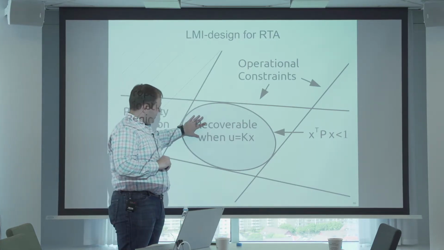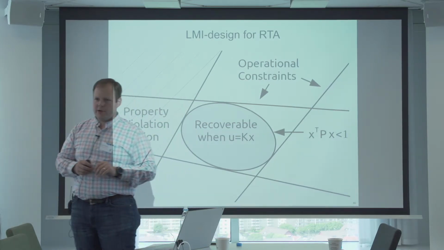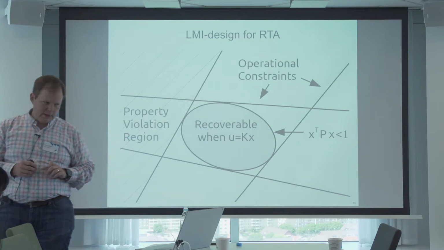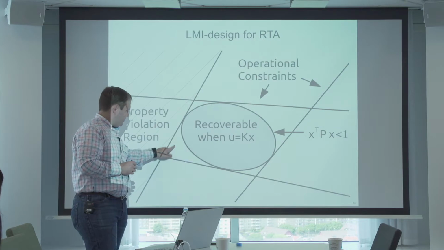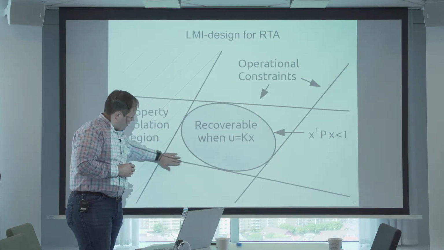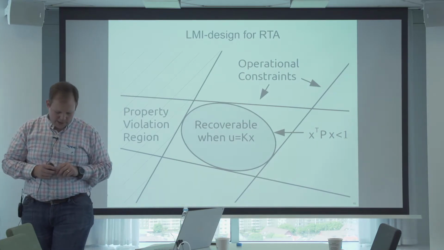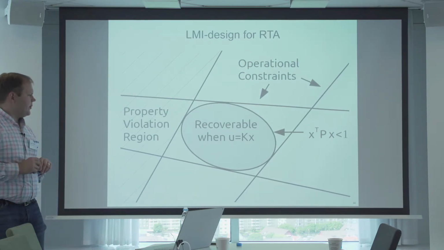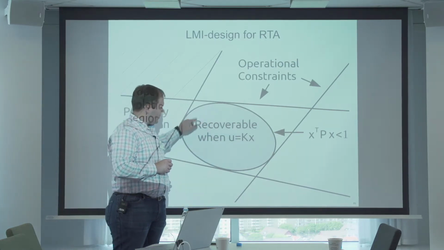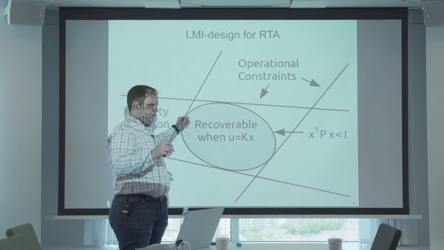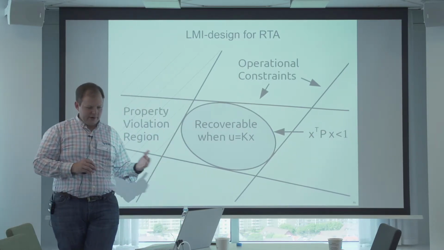And when you try to fit an ellipsoid into a box, especially in high dimensions, the volume you will not be able to cover, the difference between these points and the points in the ellipsoid, is going to get bigger and bigger. So essentially what this picture is saying is that anywhere within this ellipsoid, we can use the complex controller. And anywhere outside of it, we don't know. It may be okay to use it, it may not.